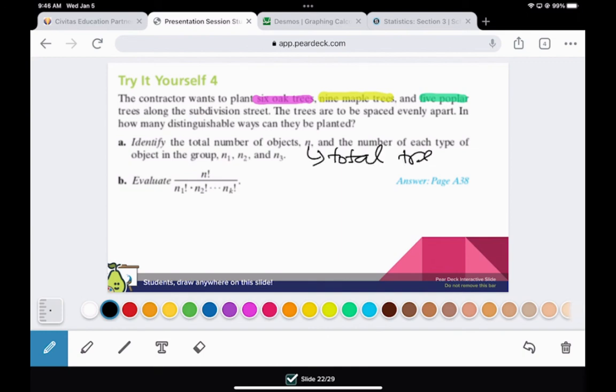How many trees do we have in total? And then we have each group. How many groups do we have and how many for each group? Put that in using this function right here. Okay, I'll give you about 3 minutes.